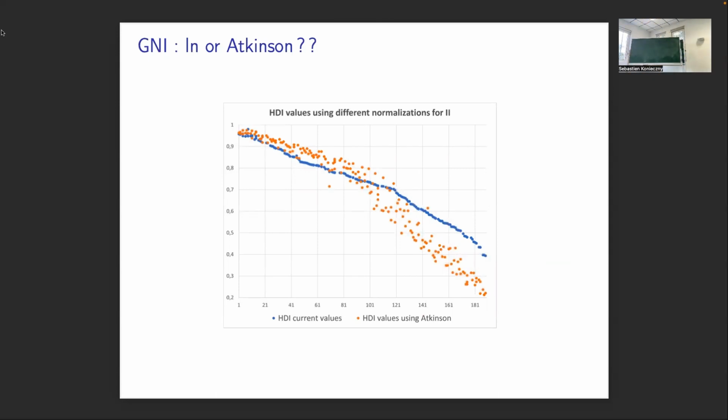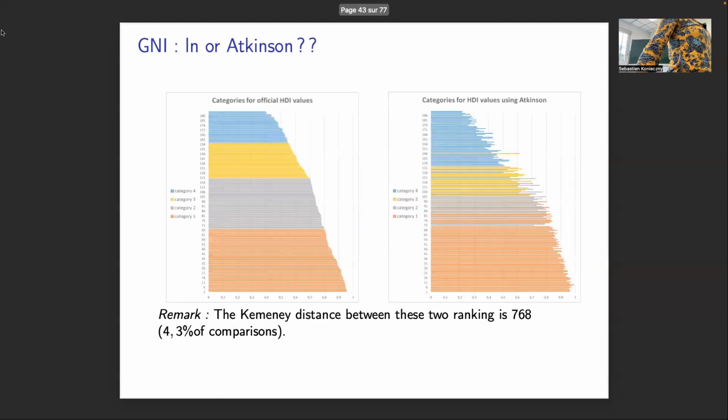Before, they were using the Atkinson normalization for GNI, and then they changed to the ln function, and everything changed. There was a big difference. So even if they continue to say that for them these 3 attributes have the same importance, by doing this they put a little bit less importance on GNI. Not exactly real what I said, but it's a little bit like this.